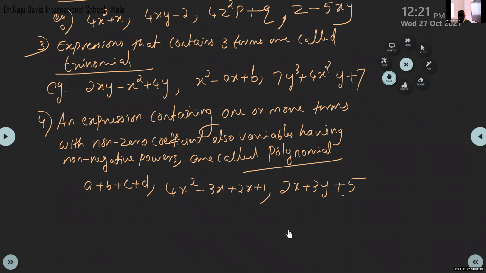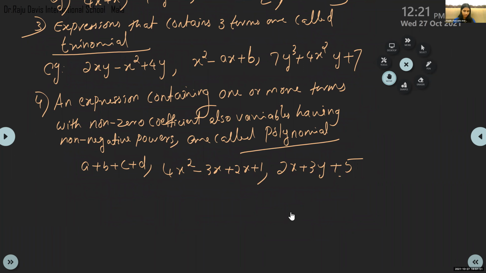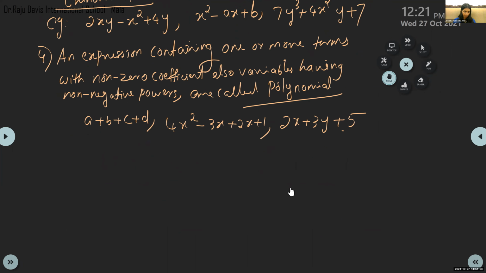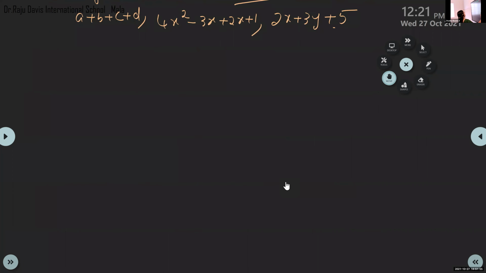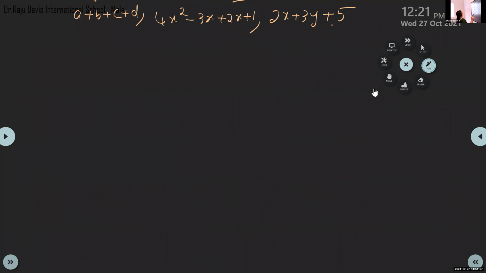Clear up to this, all of you? Yes, ma'am. Okay. Now I will give you some assignment. You have to state whether the given expressions are monomial, binomial, trinomial, or polynomial.